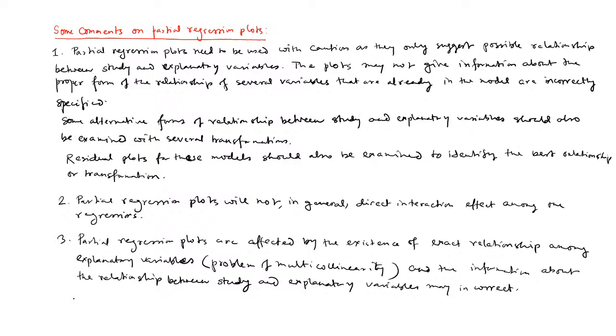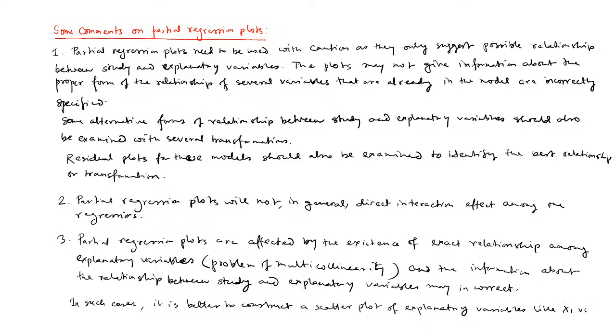In such cases, it is better to construct a scatter plot of explanatory variables like x1 versus xj.